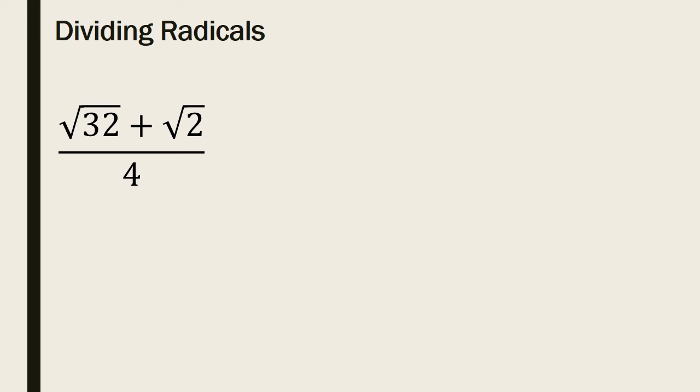These two radicals are not like terms and cannot be combined together. But what I know is that radical 32 can be simplified into radical 16 times radical 2, because 16 times 2 is 32. So I'm going to end up with radical 16 radical 2 plus radical 2 over 4.